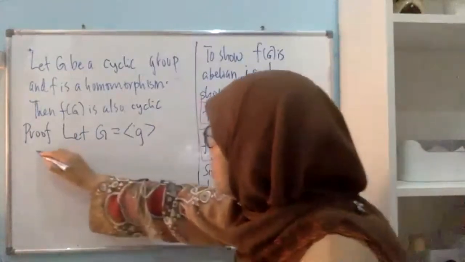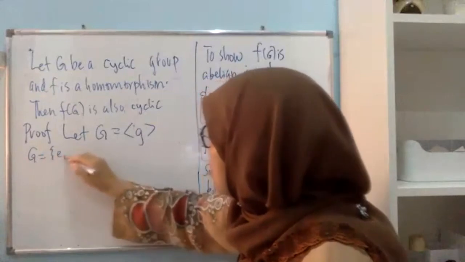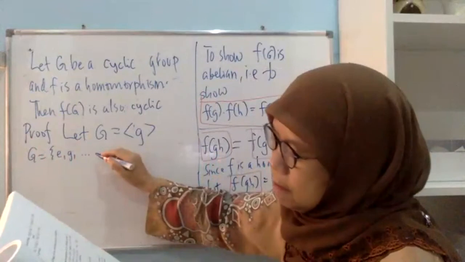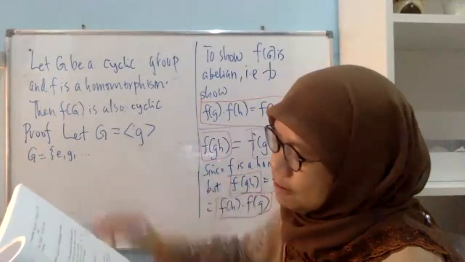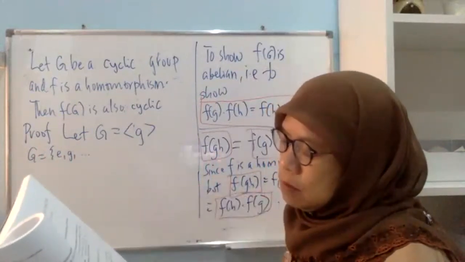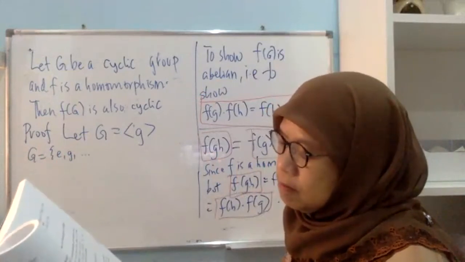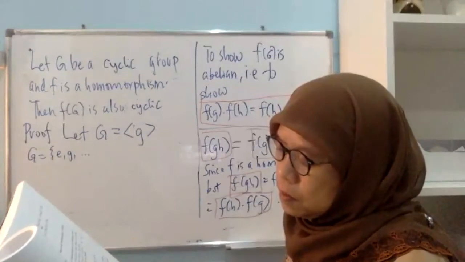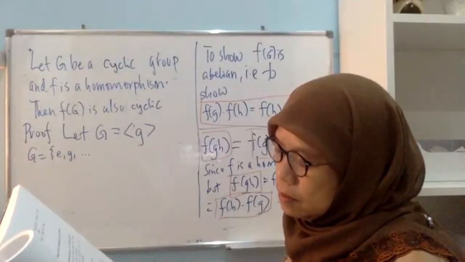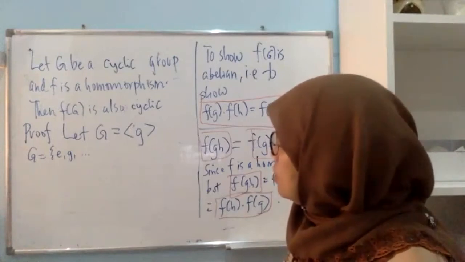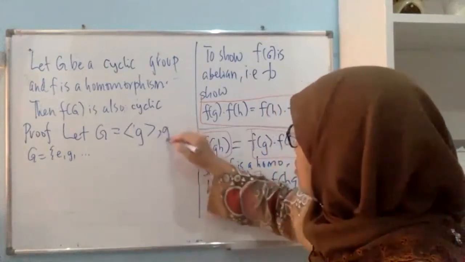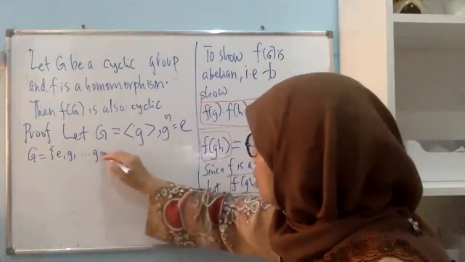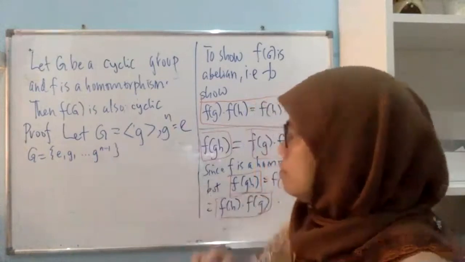G is e, g, until g to the n minus 1. I just suppose a cyclic group of order n, so this is until n minus 1.